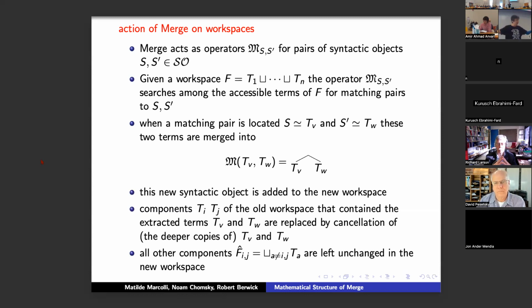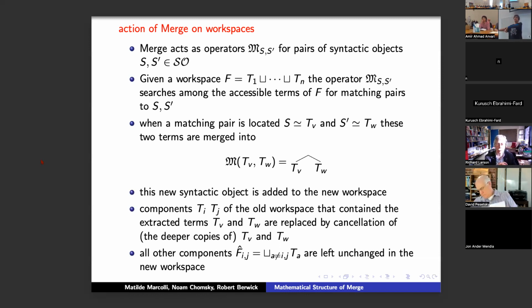And then I have to say what happened to the rest of the workspace. These two accessible terms that I found that look like S and S prime were somewhere, in two of the components of the workspace, maybe in the same one, maybe in two different ones. If I've created this new object, now I have two copies of the syntactic objects I'm using: one has gone into the new component, and two remain wherever I found them.